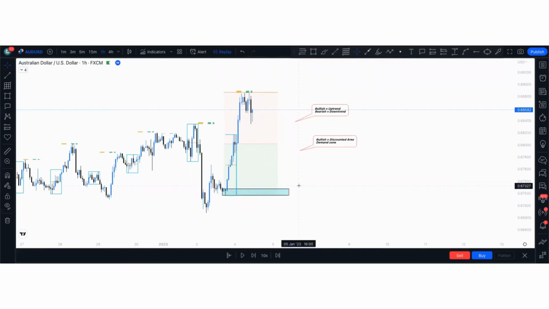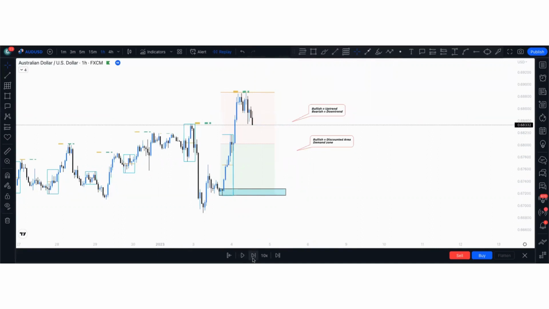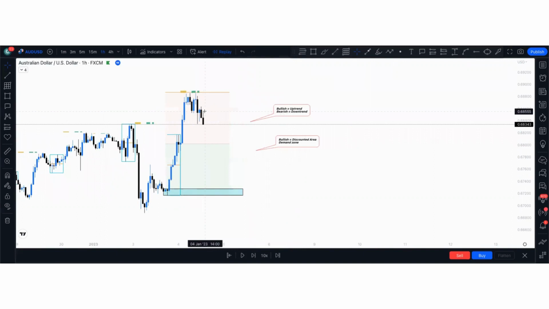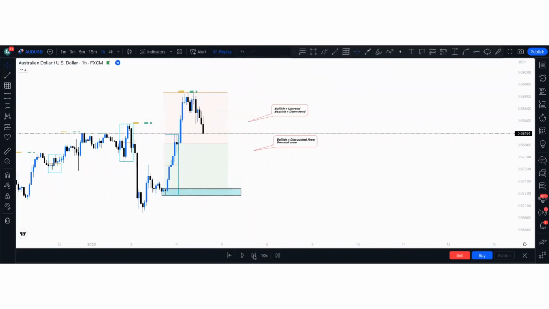So I think we need to kind of wait if the price will go here, but it is also a good opportunity to sell, because we can see these bearish candles here that are making some bearish structure on the lower time frame.